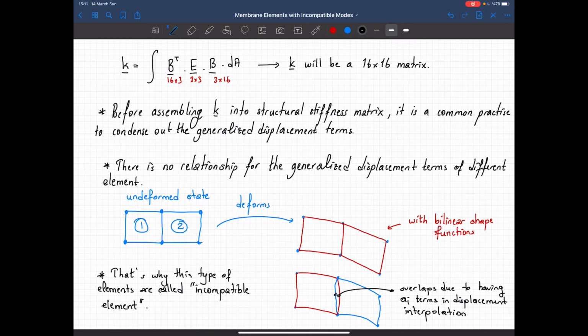Or defining the generalized displacement in the displacement field is called an incompatible mode, right? So again, let's repeat what we meant.